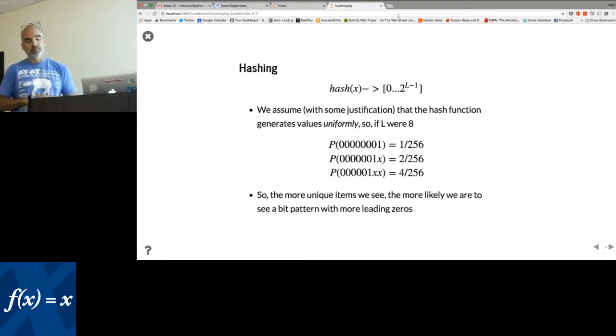So the basic thing about this probabilistic counting idea is that certain patterns will occur in the hash function with a certain probability, and the likelihood of encountering the less probable patterns increases the more unique items you encounter while iterating over the set.